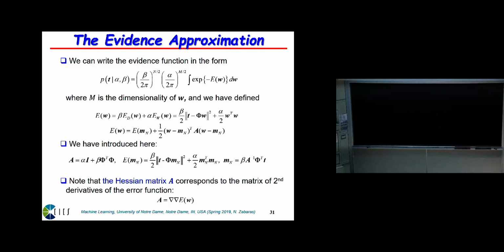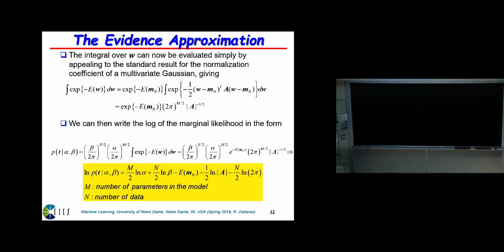Phi is my design matrix. And this matrix A, we've seen from the Laplace approximation, is really the Hessian, the second derivative of the energy function.